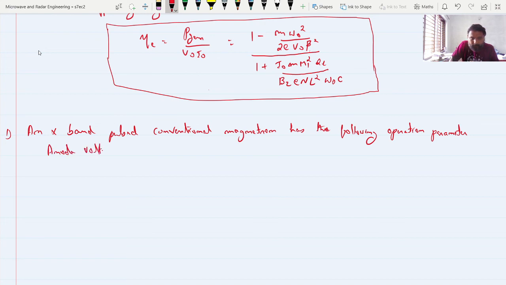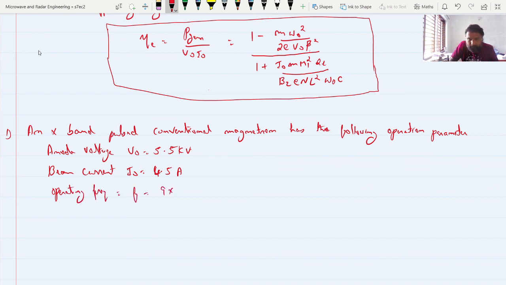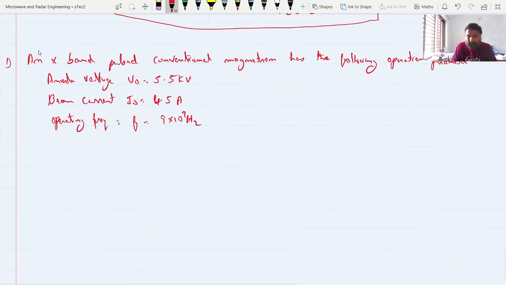Anode voltage V naught is 5.5 kilovolt, beam current I naught 4.5 ampere, operating frequency f equal to 9 into 10 raised to 9 hertz, that is 9 gigahertz. So I just convert that into hertz.